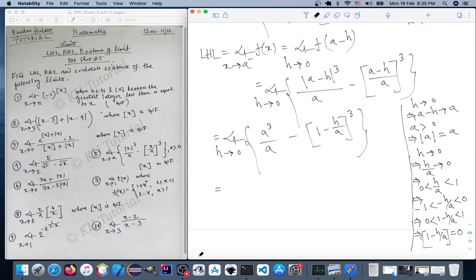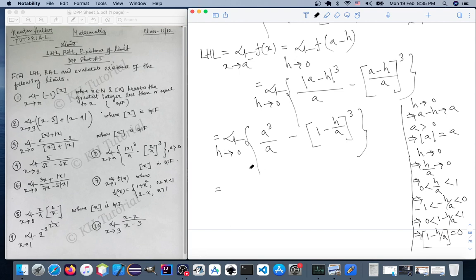Minus h by a is less than 0, greater than minus 1. If I then add 1 to it, it becomes 1 minus h by a greater than 0 and less than 1. So box of this is 0.